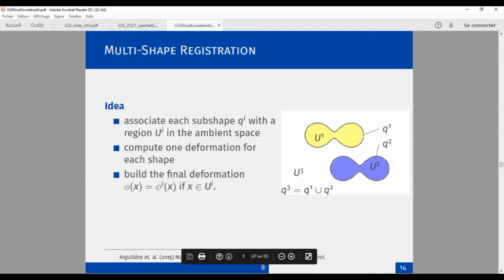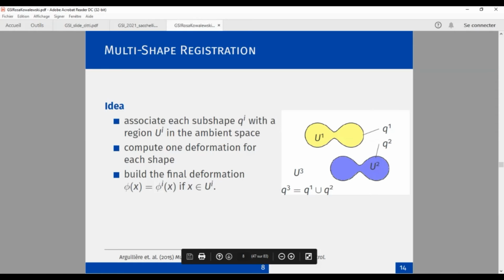And the idea by Sylvain Aguillier is to associate a region in the ambient space with each shape, such that the regions don't overlap and they cover the space. So for our example of curves, we have the regions U1 and U2, which are bounded by each curve. And then we have a third region, which is the complement in the ambient space of U1 and U2.